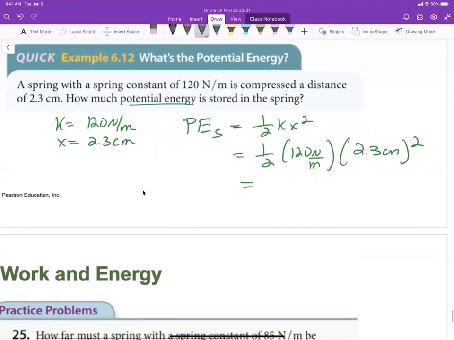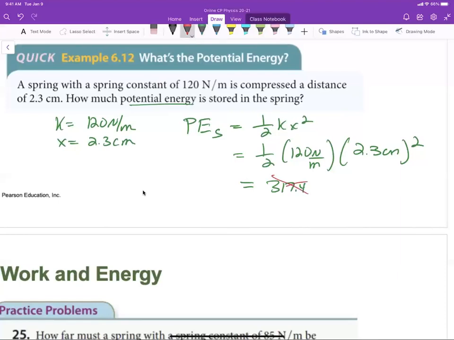And I find that to be 317.4. And that would actually be wrong.